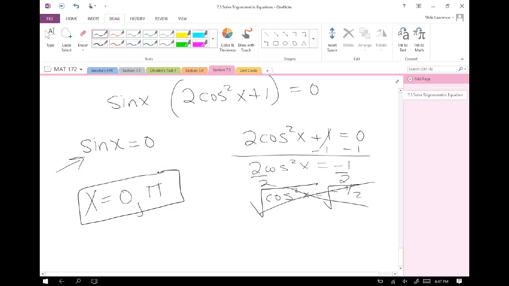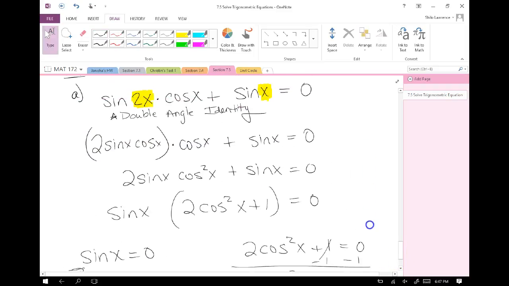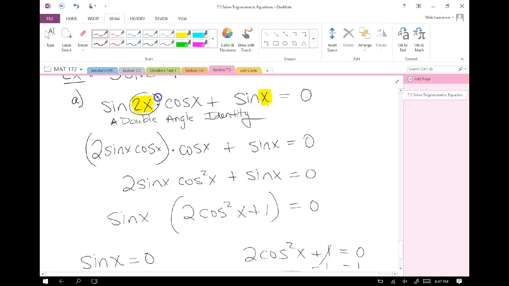So before we could work this problem, we had to get rid of that mismatched angle. Since it was 2x, 2 means double, we did a double angle identity to replace it with some regular x's, and then we could go from there.